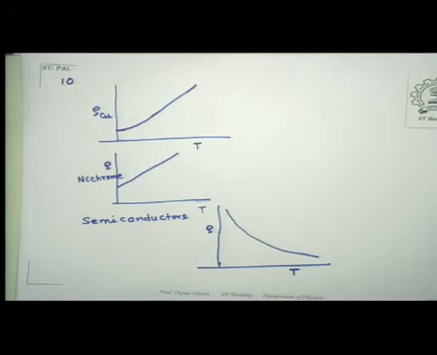Now let's look at why this is happening. Forgetting about whether it is actually linear or not, I understand here that the resistance or resistivity increases with an increase in temperature. Why does it happen? In order to understand, remember how resistance arose.